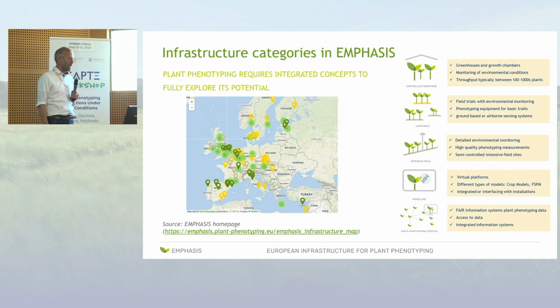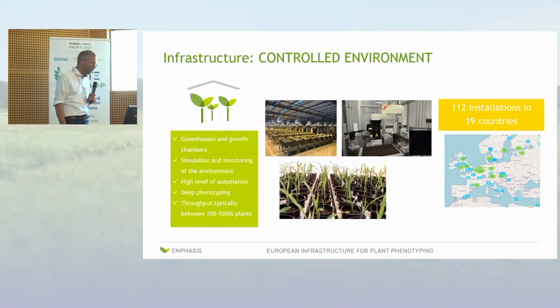How does that look at the moment? EMPHASIS being a phenotyping infrastructure, not only field phenotyping, but in different infrastructure categories. It was divided up into basic categories. We had some of them today also, referencing controlled environments all the way to data collection. I will shortly go through that. The controlled environment, already addressed by Francois today, brings the greenhouses and growth chambers, simulation and monitoring of the environment.